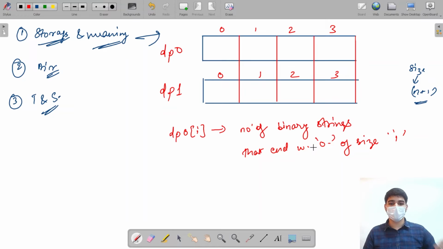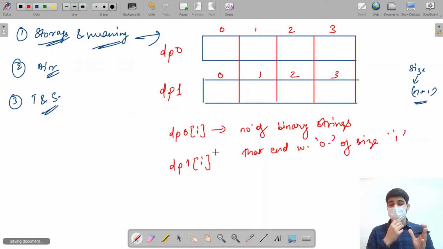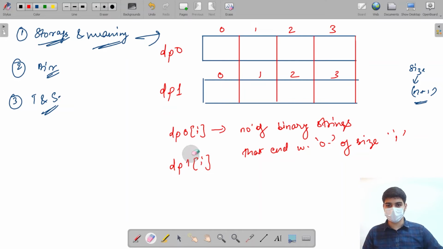So the number of binary strings that end with 0 of size I. This is what DP of 0 of I means. And similarly, DP of 1 of I means the number of binary strings that end with 1 of size I such that there are no consecutive zeros. I hope it's clear.